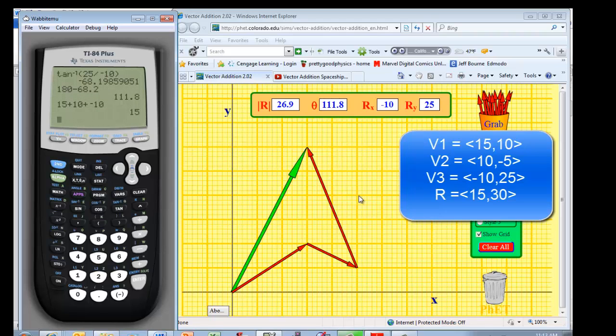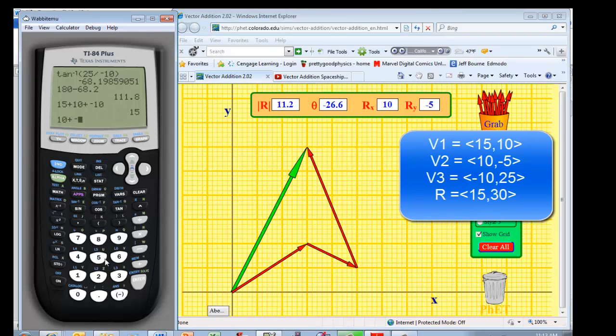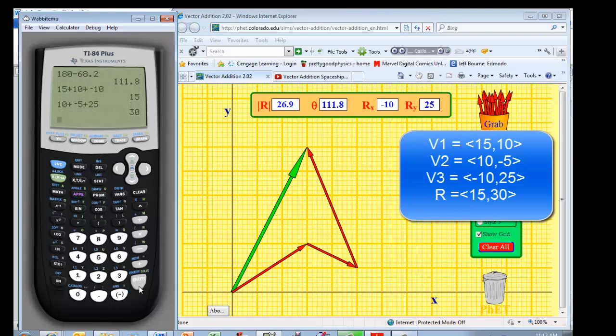This grid is nice, but you won't have that on your own paper. In terms of the y, we have 10, and then we had minus 5, and then we had 25. So, according to this, our resultant has an x of 15 and a y of 30.